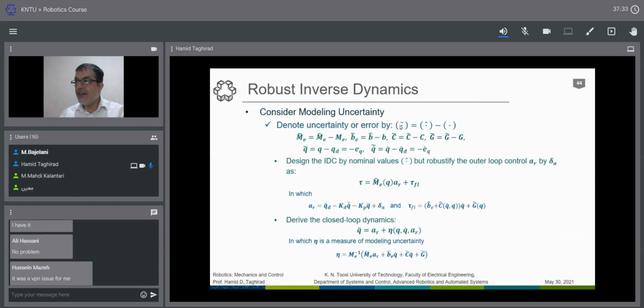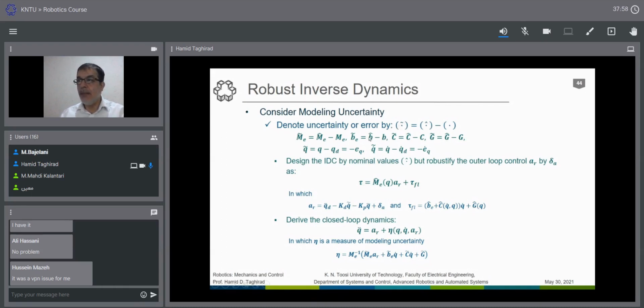When we have a tilde, it means that we have the nominal value minus the true value. The true value has nothing on it. The hat, as we discussed before, is the calibrated model, or something that we have done to find the final value. And the error between these two is given by tilde.